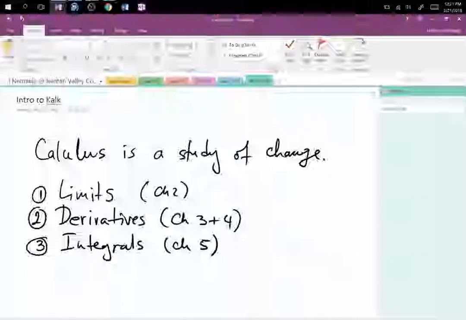And then integration was also fully developed and worked out in the 1800s. So we will see that limits provide the base for both derivatives and integrals. We'll see those worked out as we move along.